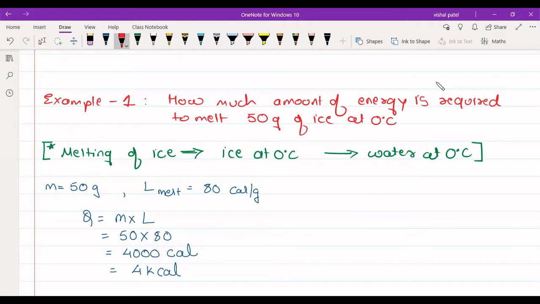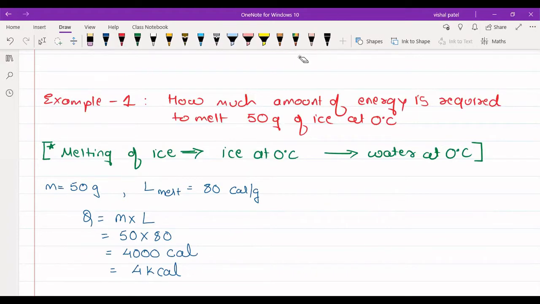So when ice melts, I get water at the same temperature. Here, there is no change in temperature. And this is the value for latent heat of melting. That is why I have written L and below it written melt. Latent heat of melting.